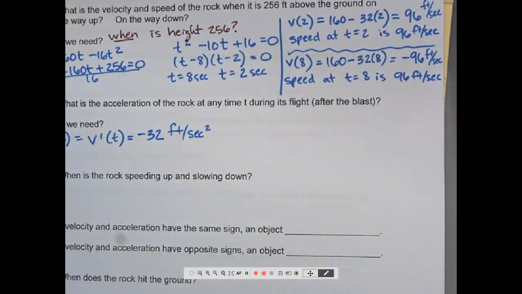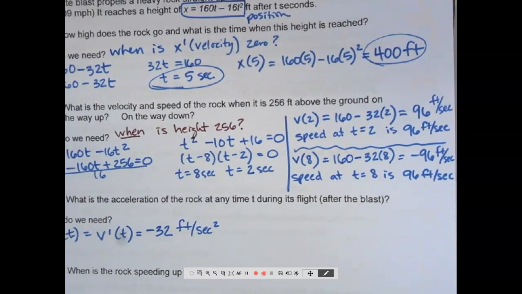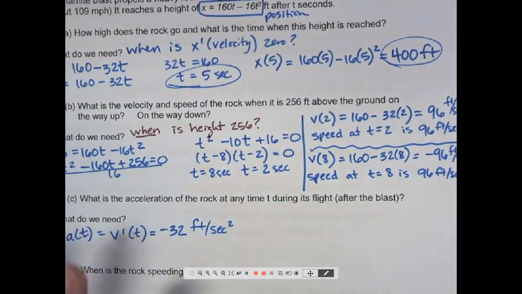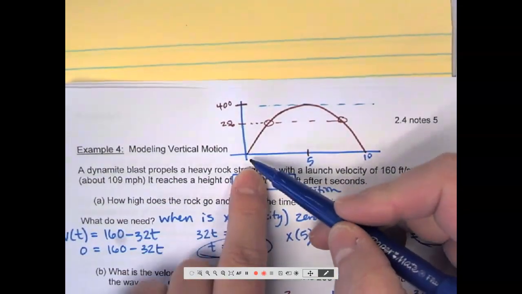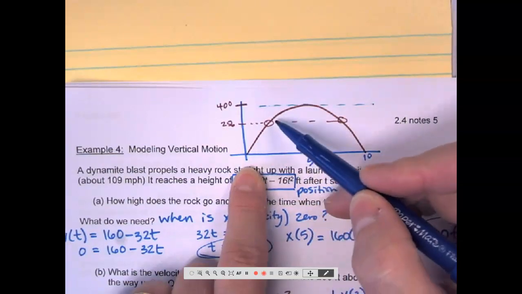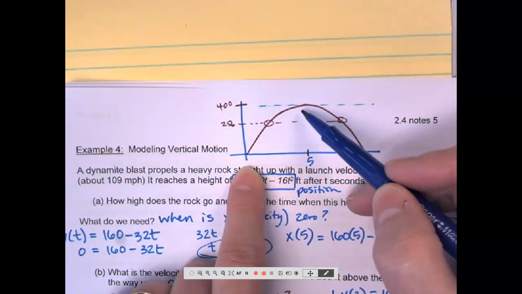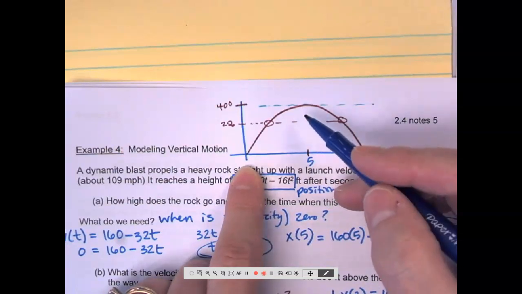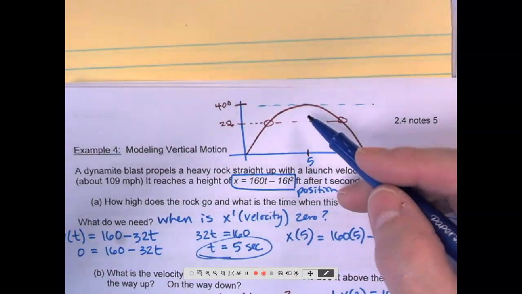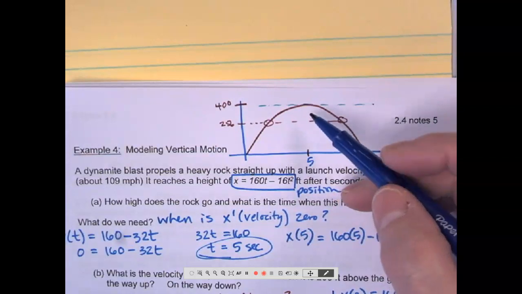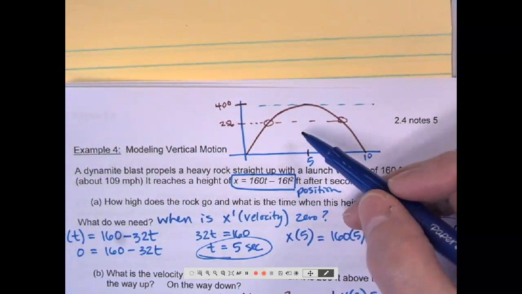When is the rock speeding up and slowing down? There is a concept that we need to talk about. Picture the rock going up. Is that positive or negative velocity? Positive velocity. But what is gravity doing? It's still pushing it down. It's pulling it back down, right? They are working against each other.